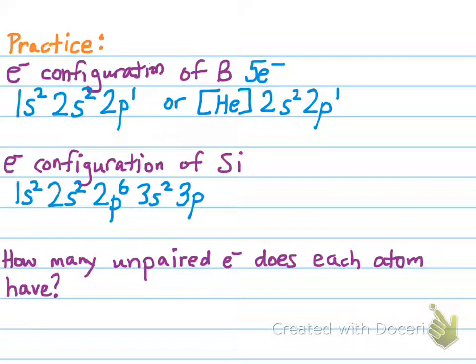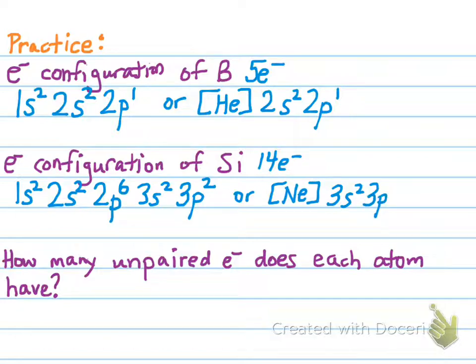Silicon's the second one, so it's going to be 3p2. Silicon should have 14 electrons. So 2, 4, plus 6 is 10, 12, 14 electrons. Or I can put my neon in my square bracket and then say 3s2 3p2. Either way would be fine.